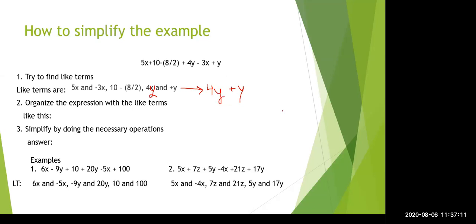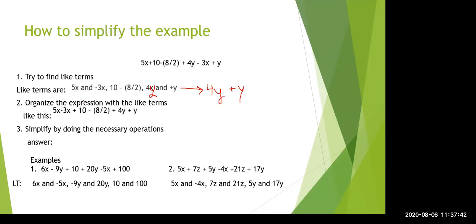Does everyone understand that part of it? You can't say that 5x and 4y are like terms because they have two different variables. The variable in 5x is x, while in 4y it's y. That's the difference. Then you organize the expression with the like terms.